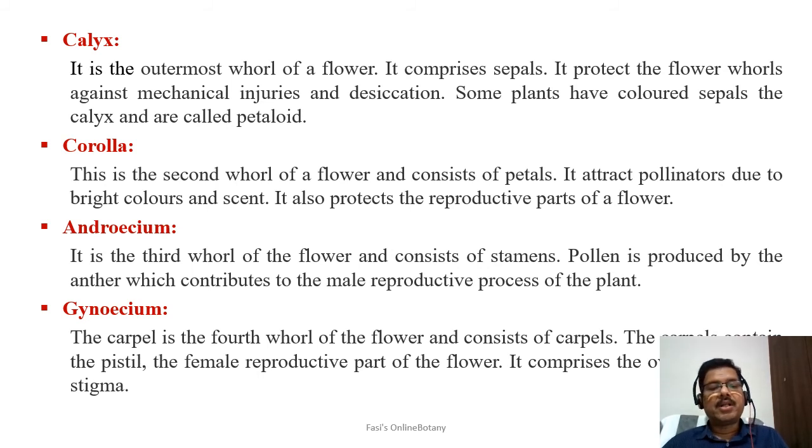The carpels contain the pistil, the female reproductive part of the flower. It comprises the ovary, style, and stigma. The egg or the ovule is present in the ovary. After fertilization, the ovary becomes fruit to keep the seed.